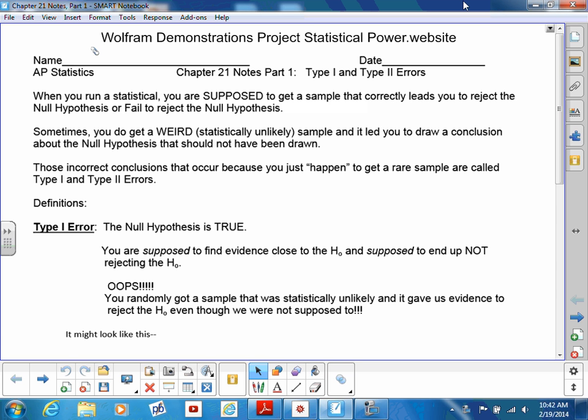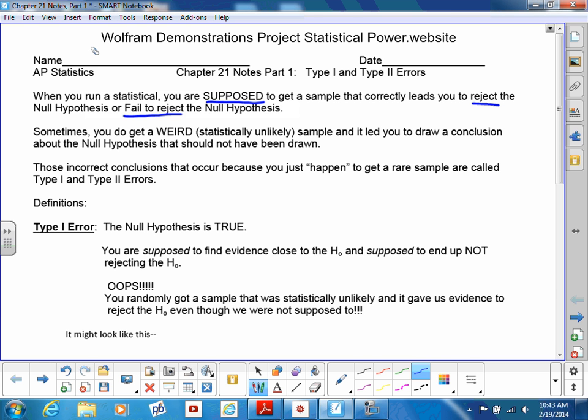You hope that you get a sample that leads you to reject or fail to reject the null hypothesis correctly. You are hoping you get a sample that gives you the correct conclusion to the situation. Now, you never really know, because you're just taking a sample and inferring about the population.